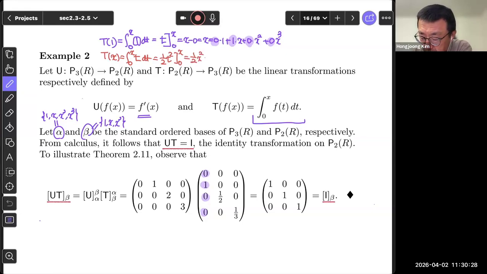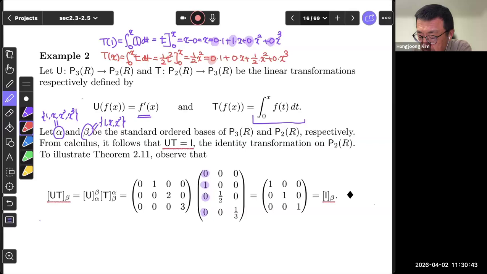So that is 0 times 1 plus 0 times x plus, not 0, but 1/2 times x squared plus 0 times x cubed. So the coefficients are 0, 0, 1/2, 0, and they go to the second column.